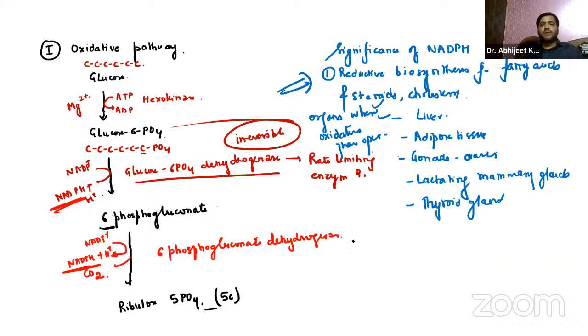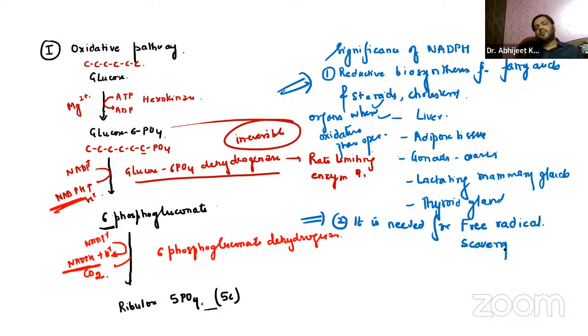The second one, very, very important, it is needed for free radical scavenging. Now what happens, guys, over here? I just wanted to tell you the H2O2 basically changes into H2O. Glutathione is there, right? So glutathione is basically oxidized.